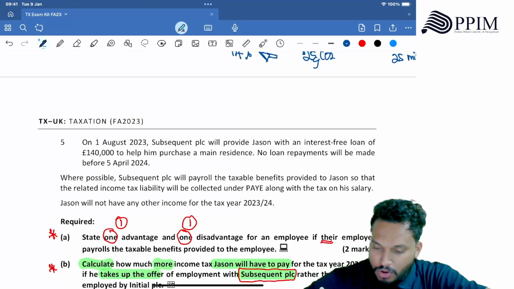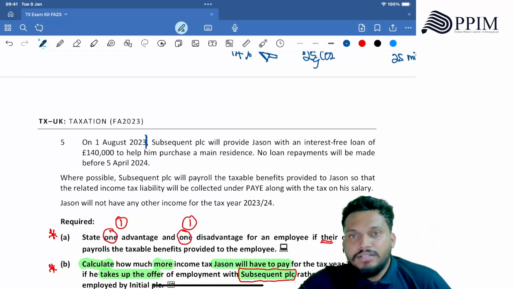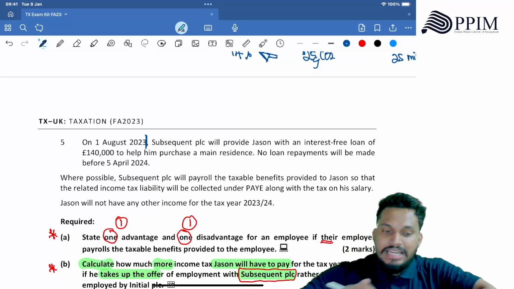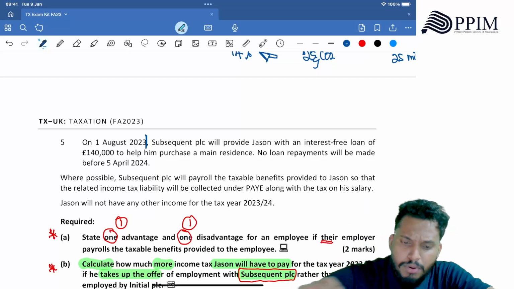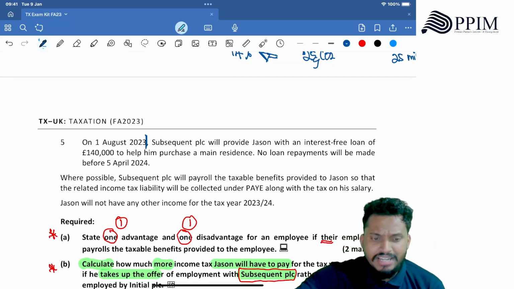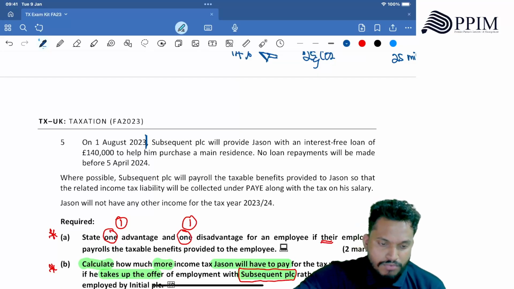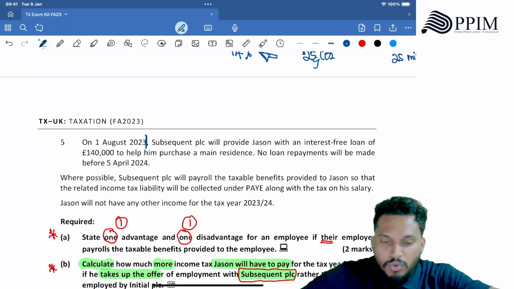On 1st of August 2023, this is happening within our financial or tax period, the company will provide Jason with an interest-free loan of £140,000 to help him purchase a main residence. No repayments will be made before 5th of April 2024.